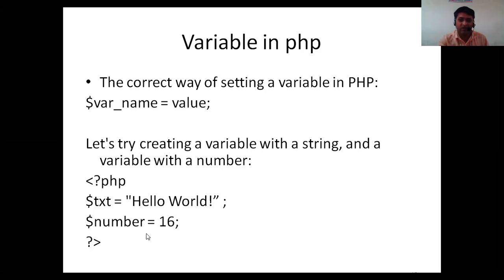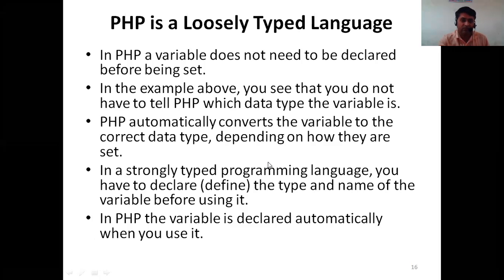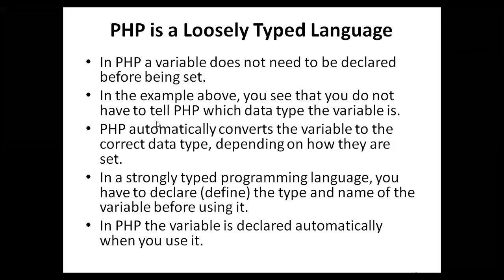Similarly for the number, we do not write the data type either. Okay, so PHP automatically converts the variable to the correct data type, depending on how it is set.